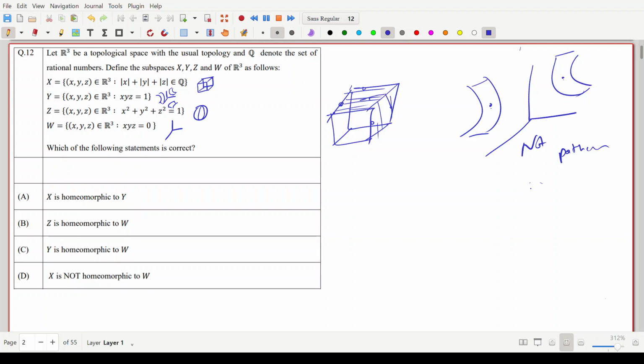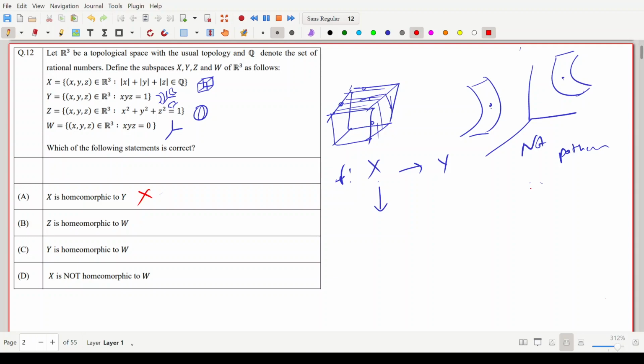So if there is a homeomorphism f from X to Y, then if X is connected, Y must also be connected. If X is path connected, then Y must also be path connected. Now I have seen that this cubical shape is path connected, but what about Y? It is not path connected. So option 1 is wrong.